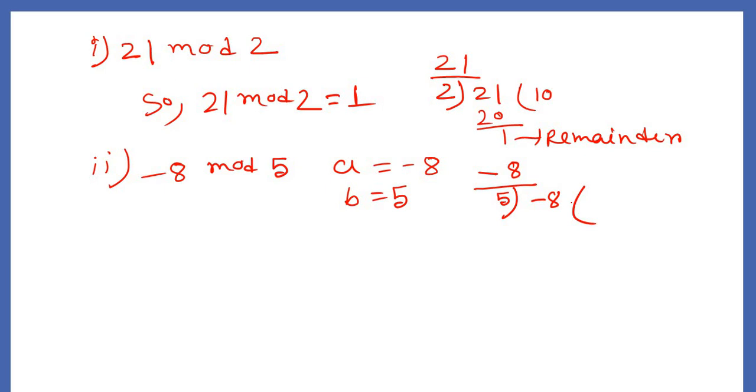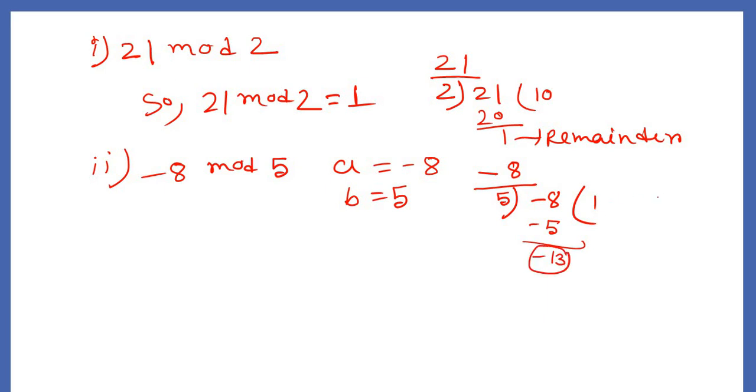You go through the division algorithm, which is most important here to find modulo arithmetic. If we take the quotient 1 here, then we get 5, and if we subtract 5, we get minus 13. So the remainder is coming minus 13.